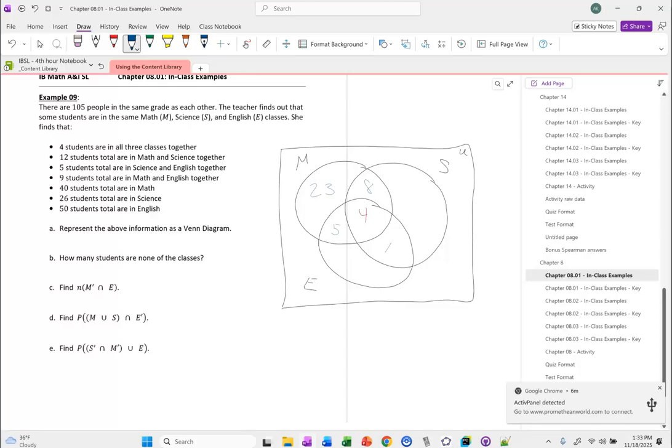40. And what about the S, the other part of the S circle? 13. Yep. Anything else?